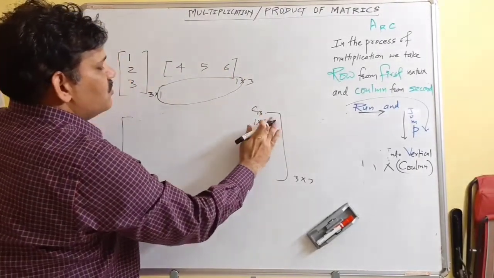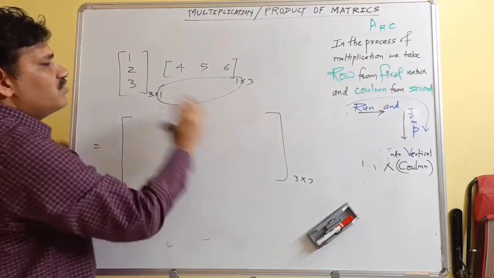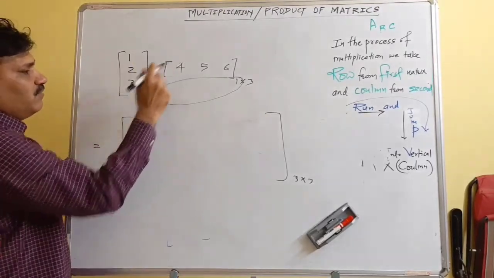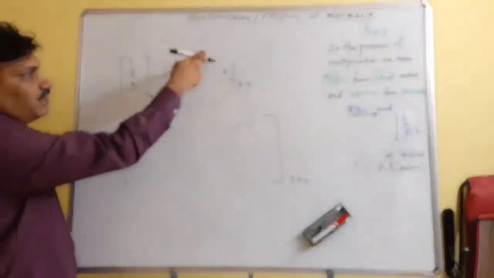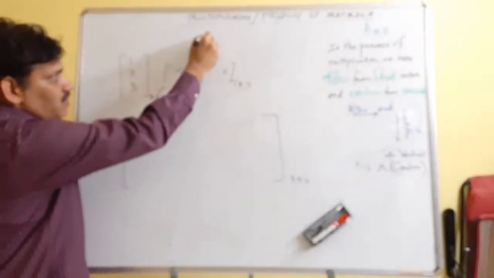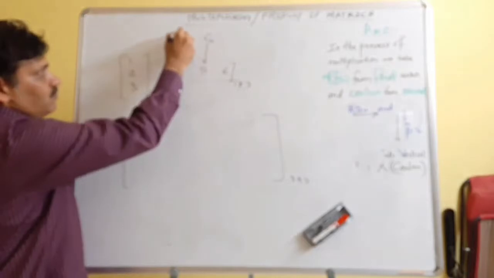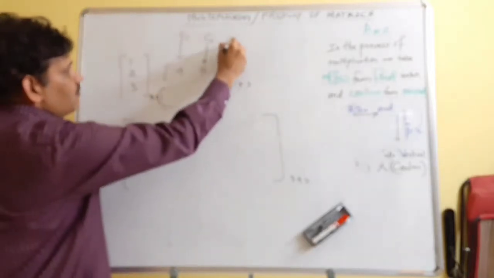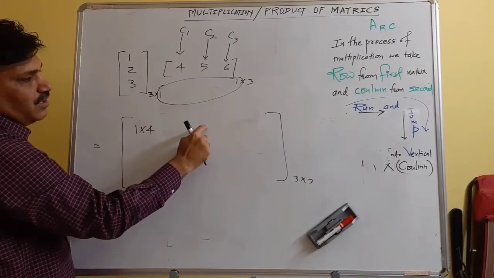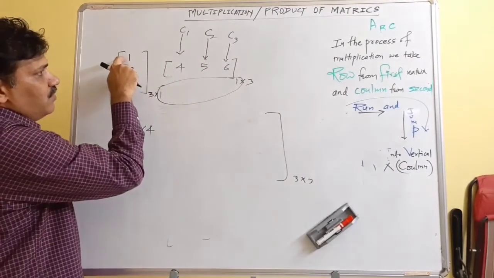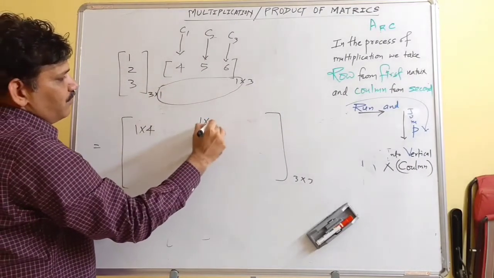Or simply we start with the first row. The first row will be multiplied by the first column, 1 into 4. Now the first row is multiplied by the second column. See, this is the second column. First row with second column will be written at position 1, 2. 1 into 5.